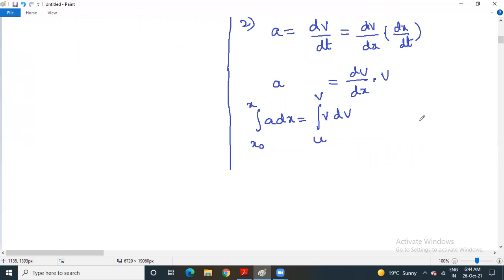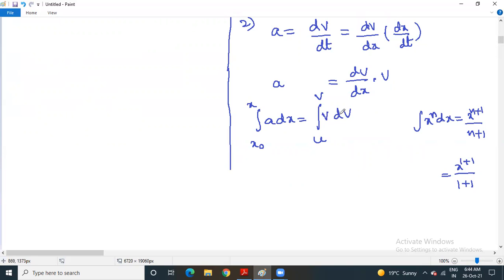So remember the integration rule is what? Integral of x^n dx is x to the power of n plus 1 by n plus 1. So if n equal to 1, you will get 1 plus 1 by 1 plus 1. If n equal to 2, you will get 2 plus 1 by 2 plus 1. So based on the power, it is x square by 2.